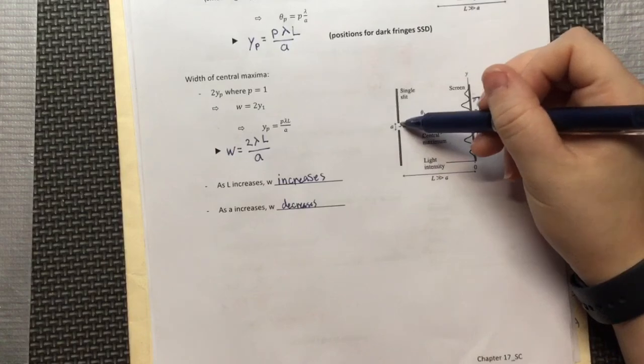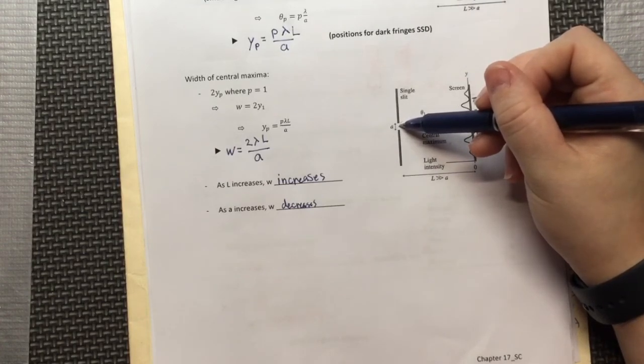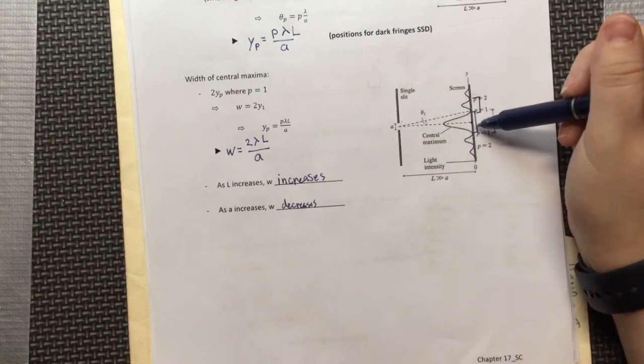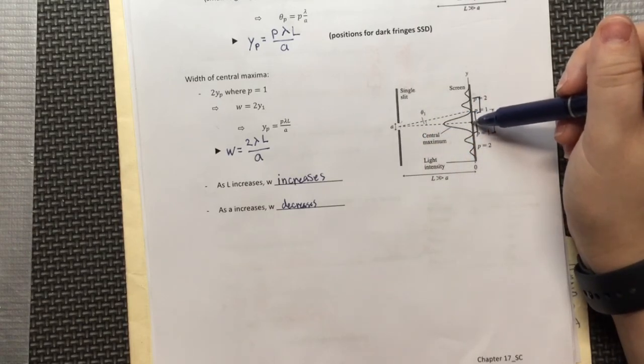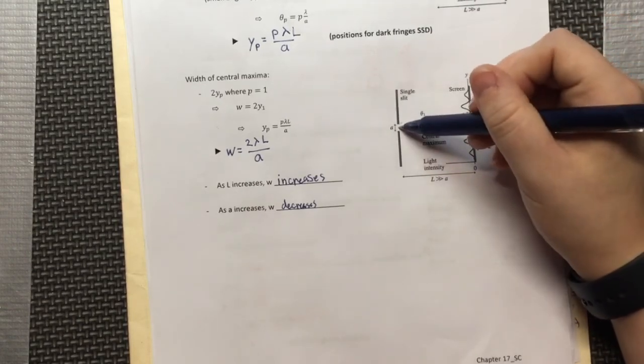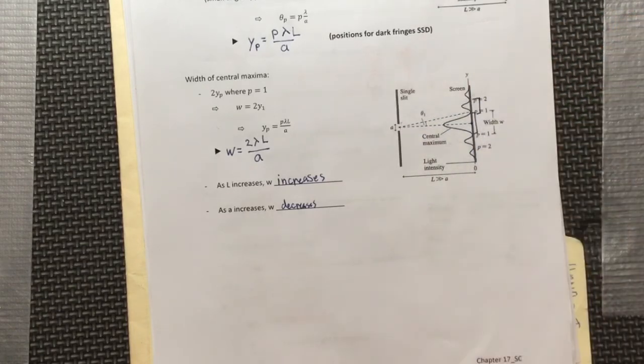So if this slit here is very large, then the central maxima will be very small. If this is very small, the central maxima will be very large.